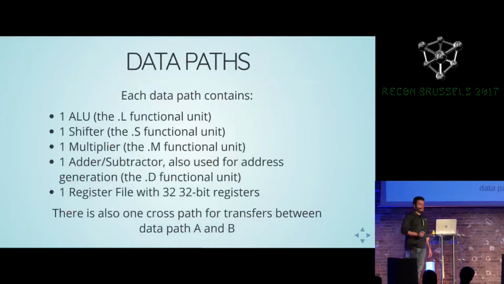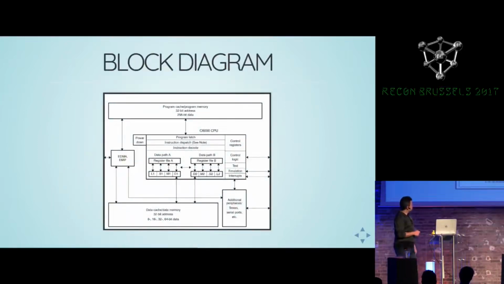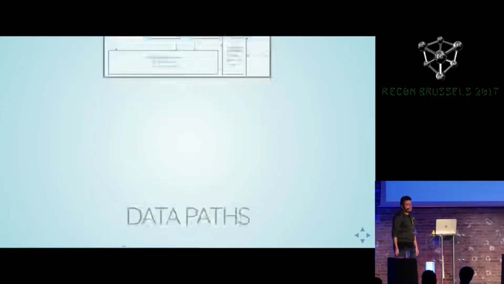The functional units in each data path are the .L functional unit, which is an ALU, the .S functional unit, the shifter, there's also a multiplier, another subtractor, and the register file with 32-bit registers. And as we said before, this is the cross path between the two data paths.